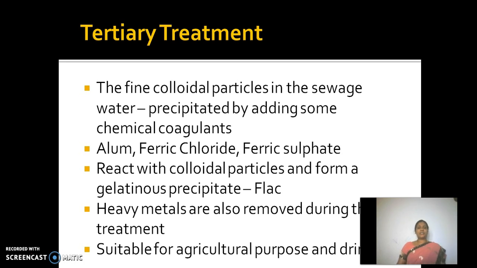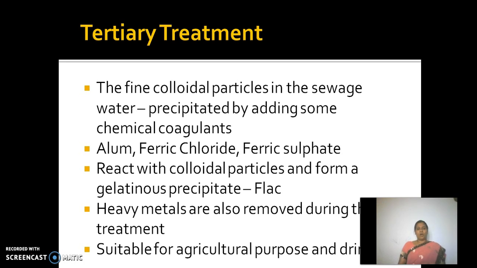But in the tertiary treatment, we are going to concentrate on how to remove the fine colloidal particles from the sewage water. Only then, after all the treatment, will that sewage water be useful for agriculture purposes or even for drinking purposes.